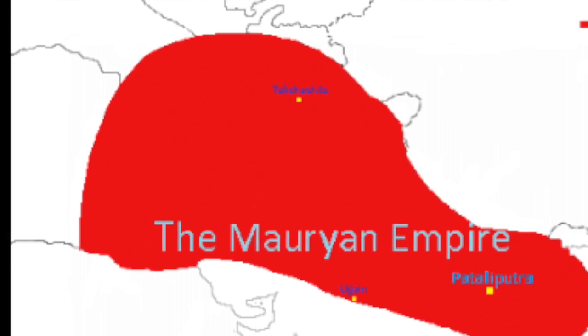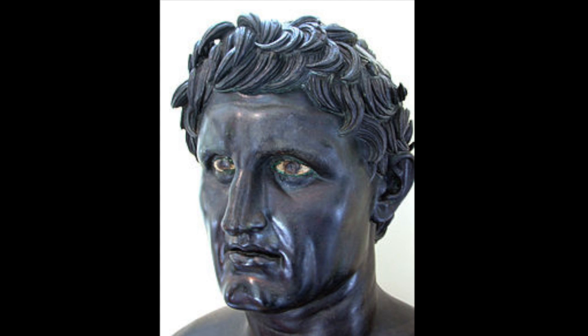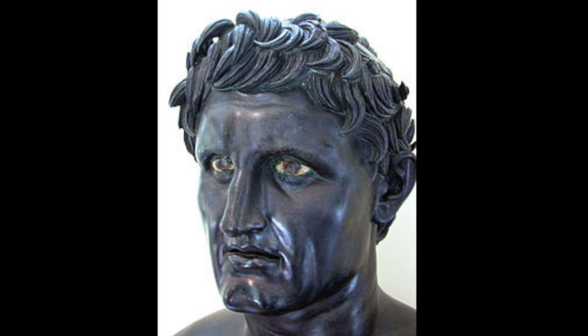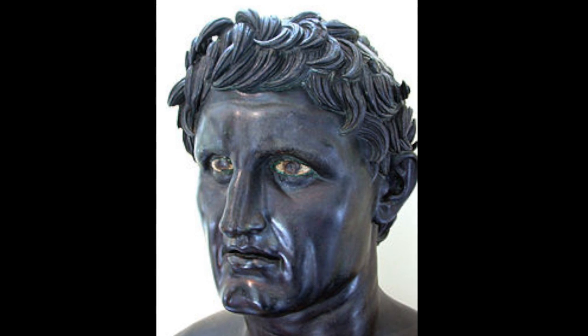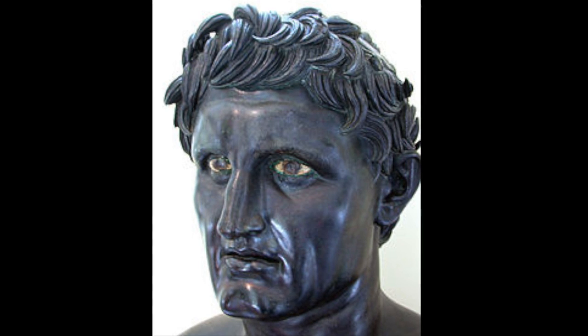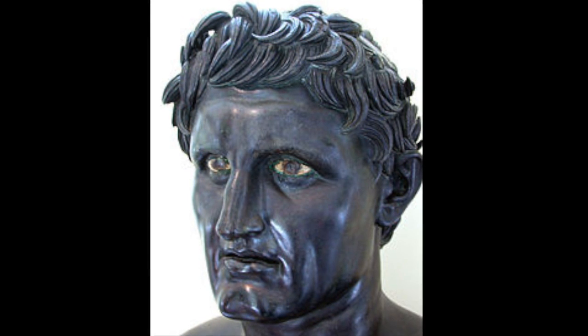Later, however, in 305 BC, one of the successors and satraps of Alexander the Great, Seleucus I Nicator, decided to invade India and thus faced the Mauryan army under the command of Chandragupta Maurya. The war happened.